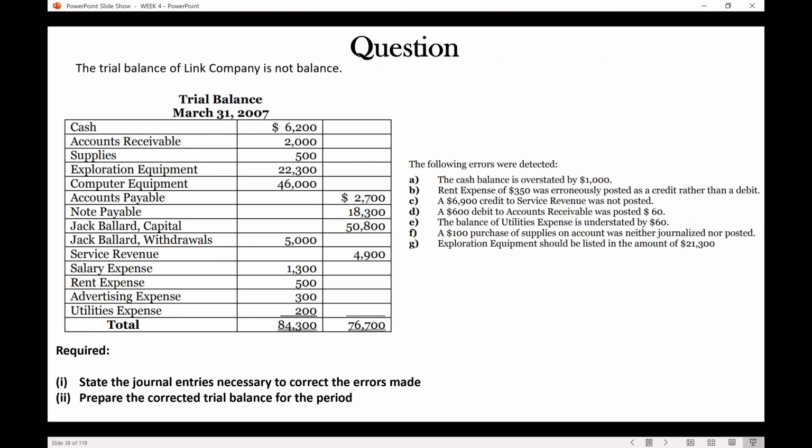Let's continue. So we would have done the necessary journal entries to correct the error, and we close our suspense. The next part is to prepare the corrected trial balance for the period. And remember, how we get the figures for a trial balance is by closing our individual ledgers, and on whatever side that balance is, that's the side we put it on in our trial balance.